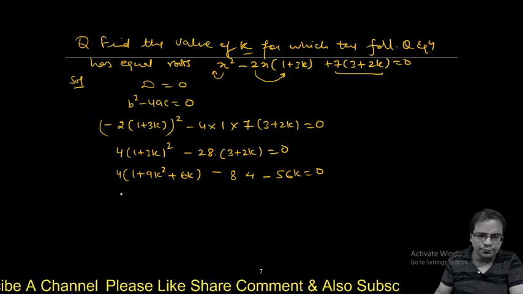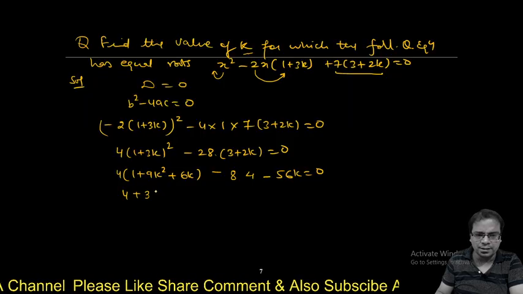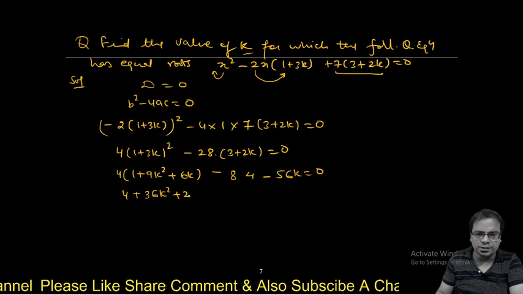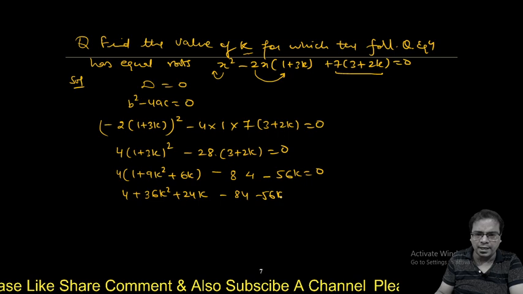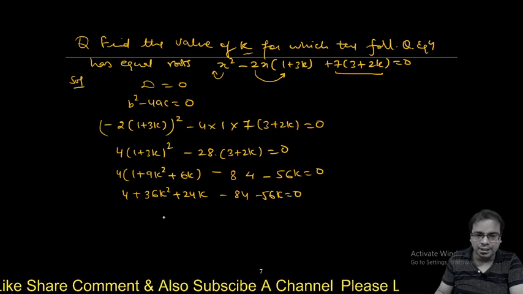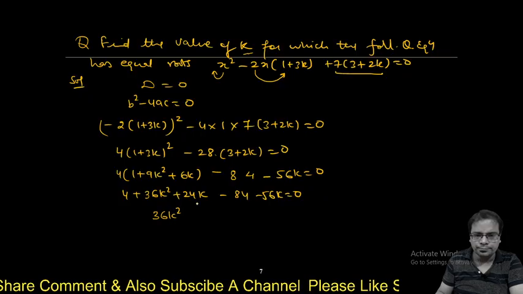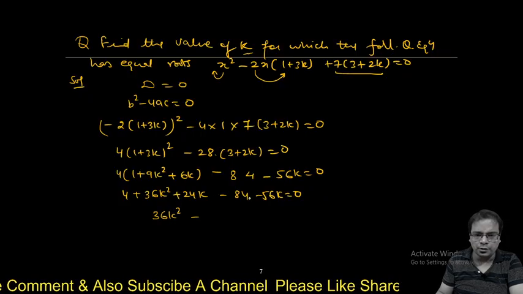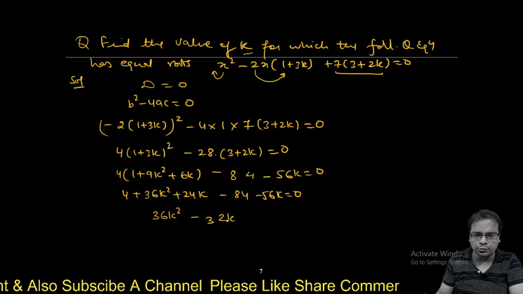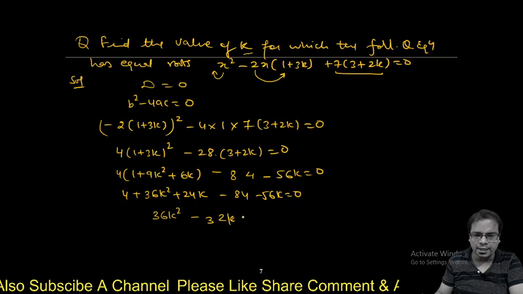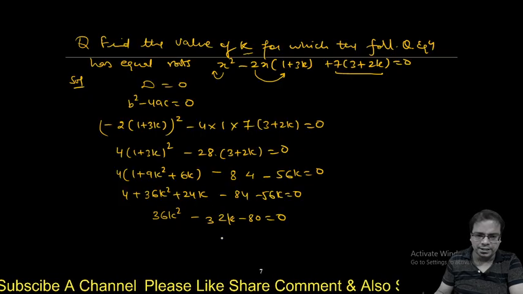Now the 4 can go inside: 4 9s are 36k square, 4 6s are 24k, minus 84 minus 56k, equal to 0. That can be solved as 36k square, 24 minus 56 is minus 32k, and 84 minus 4 is minus 18, equal to 0.